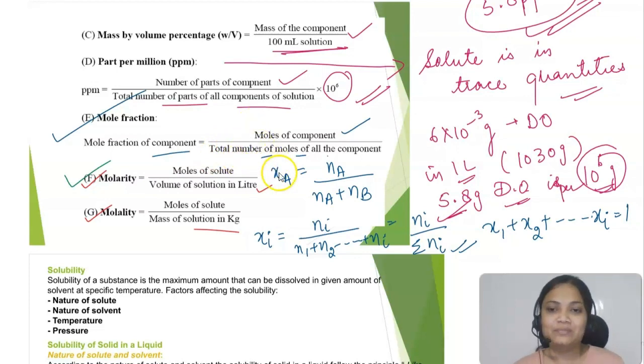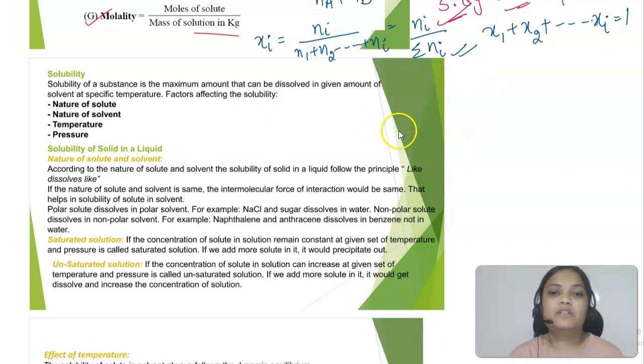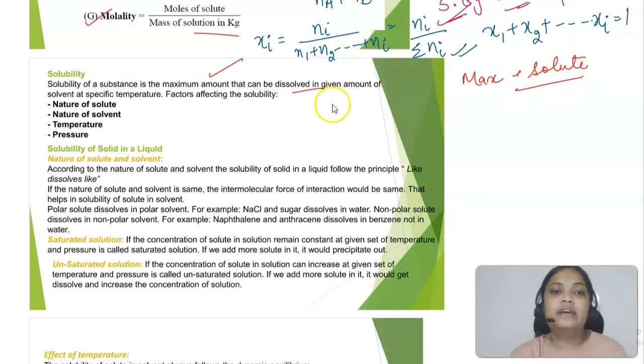Okay. Now students, we will be talking about the solubility of solutions. What does that mean? Solubility means the maximum amount of solute that can be dissolved in a specified amount of solvent at a specific temperature.